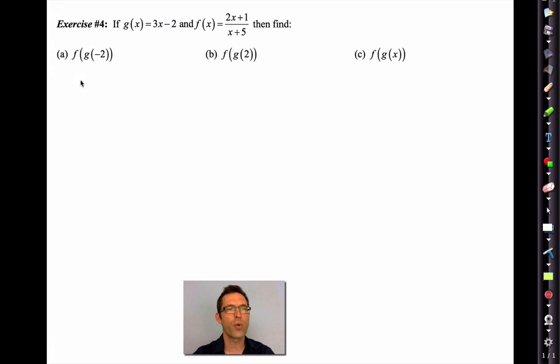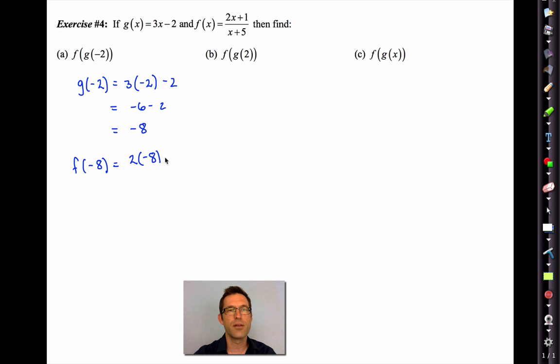Well, it's pretty straightforward. It means we need to evaluate g of -2, which would be 3 times -2 minus 2. -6 minus 2 gives me -8. And then I have to put that -8 into f. So that would be 2 times -8 plus 1 divided by -8 plus 5.